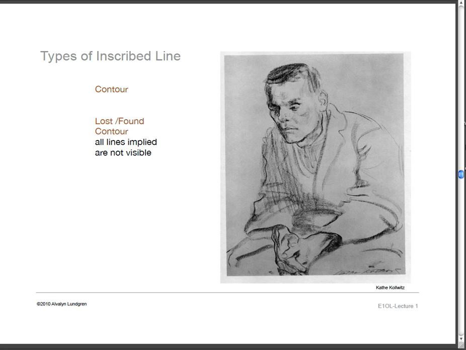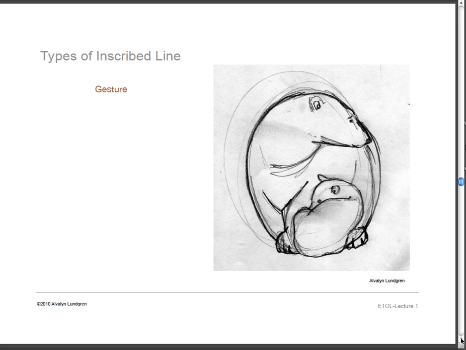So contour line describes edges or contours of a form, and they don't constantly need to be visually present. They can be implied. So inscribed line and implied line do work together. Gesture line shows direction or motion.